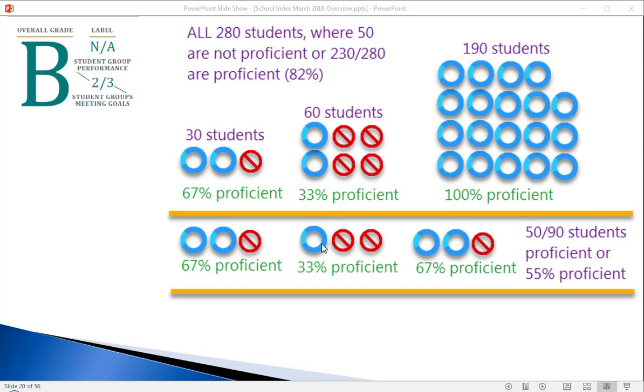So the outliers that are below the target do not get adjusted, but the outliers that are above the target are adjusted back down to the target. And when we do this type of mathematics and we equal weight and we cap proficiencies, what looks like 82% of students proficient actually comes out to be only 55% of students proficient.